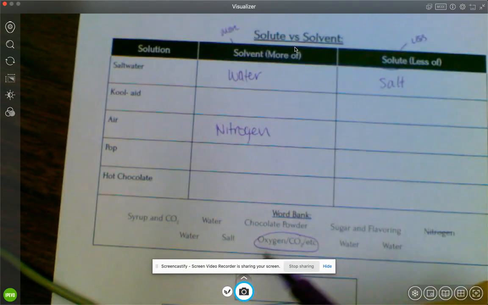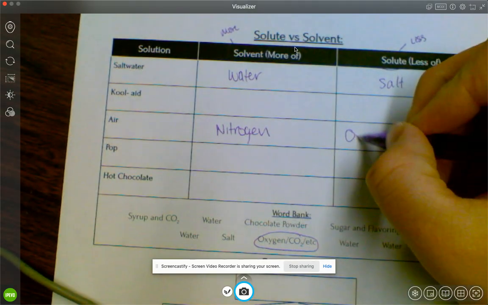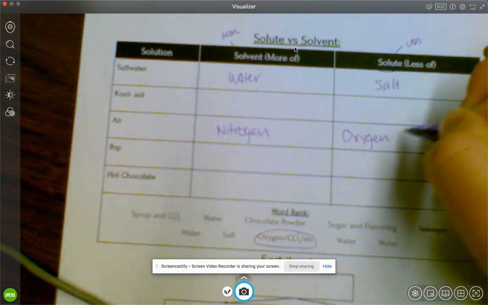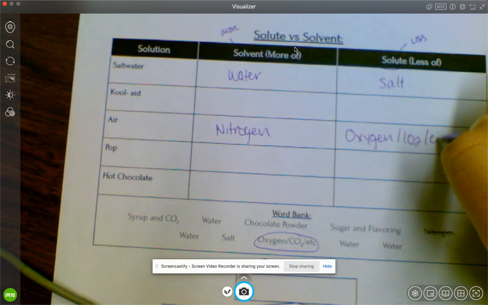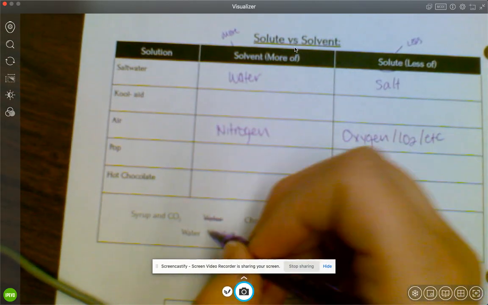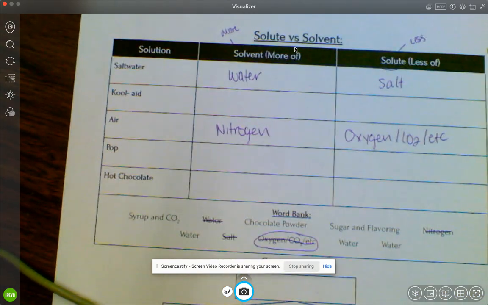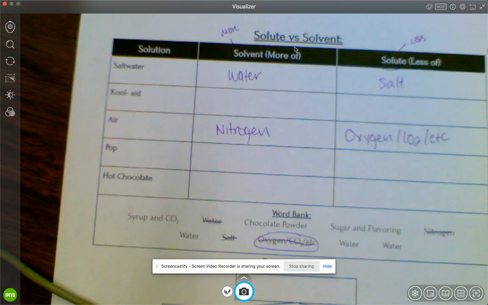There's lots of other things that are dissolved, greenhouse gases, methane. So this is what we have less of in our air. So you need to then fill in those last bits. So we did one of the waters, one of the salt, and we did the oxygen, carbon dioxide, etc., and nitrogen. Finish this part up.